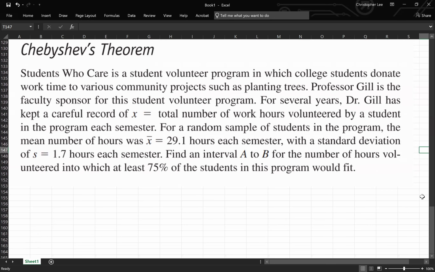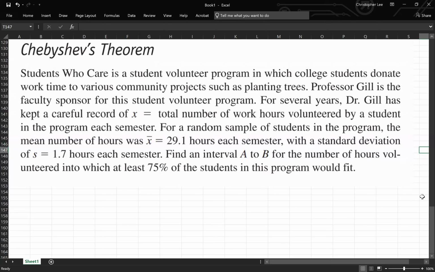So Chebyshev's theorem, right? Here's an example. Students Who Care is a student volunteer program in which college students donate work time to various community projects, such as planting trees. Professor Gill is the faculty sponsor for this volunteer program. For several years, Dr. Gill has kept a careful record of X equals total number of work hours volunteered by a student in the program each semester.